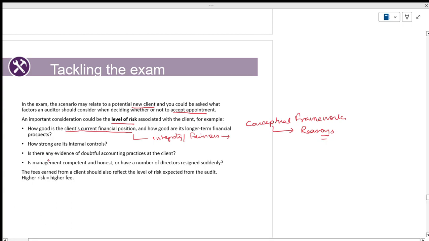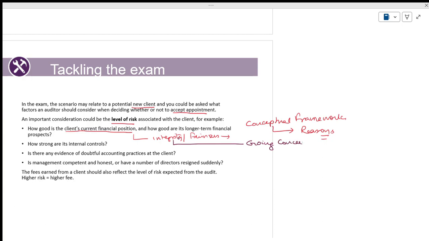They will say that because of these reasons, they are resigning. Again, we will cover this at a later stage.